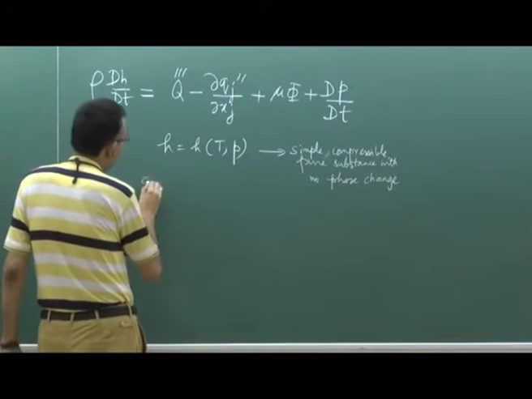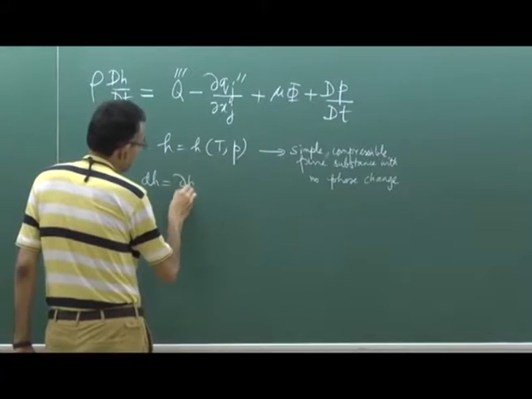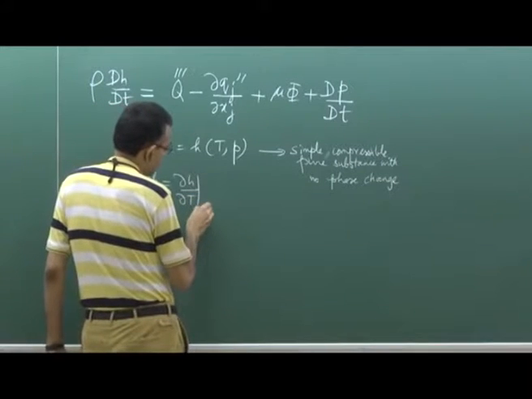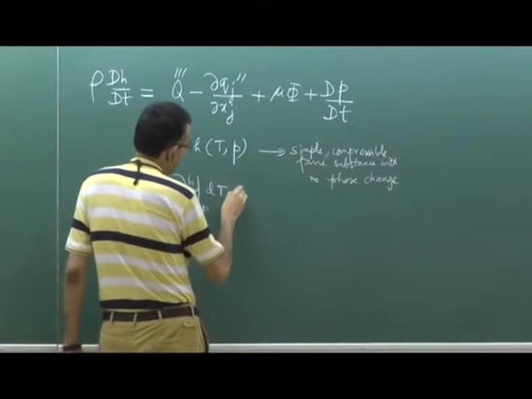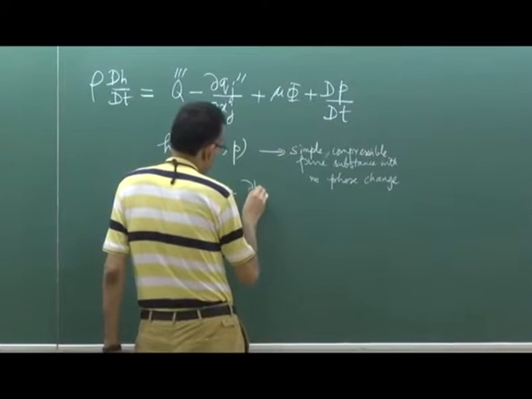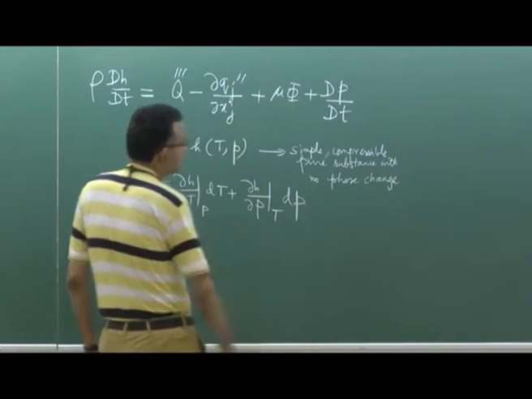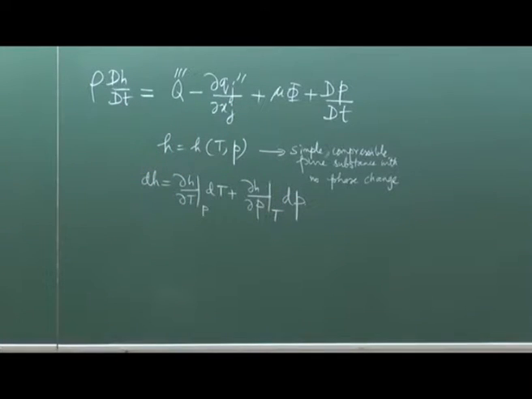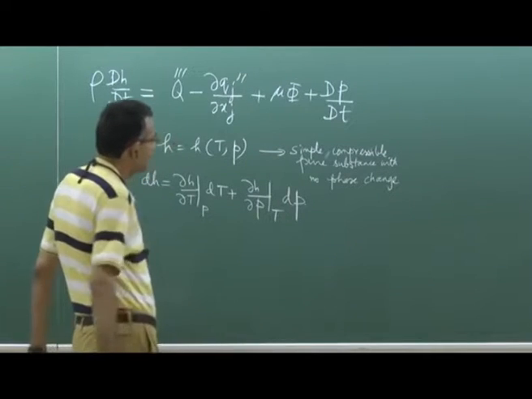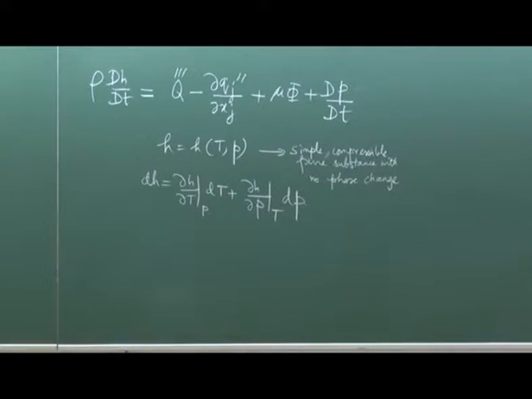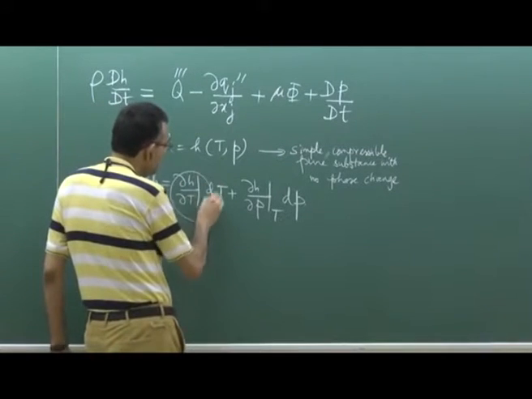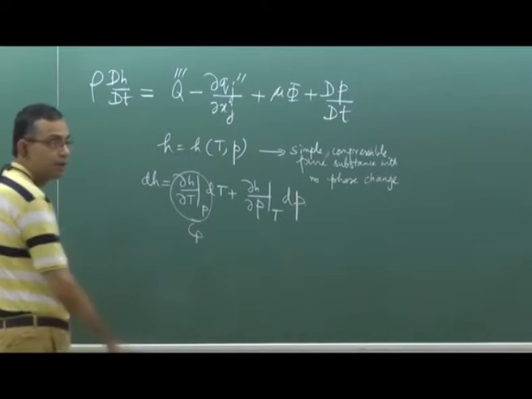So, you can write dH. So, what is this? This is Cp.